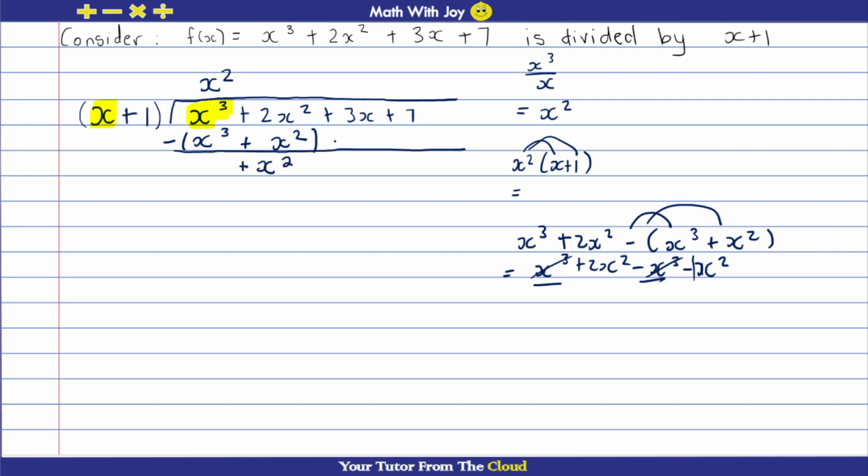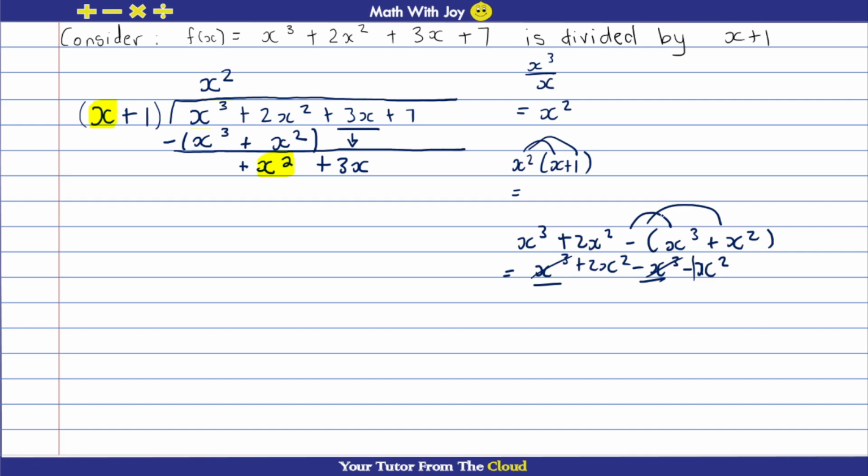Now, just like long division for numbers, we need to bring down the other term, which is the 3x. So we bring down the 3x and it's positive 3x over here. Then we repeat the process just like we did at the top. We divide with the first term. We take this term again and divide it with this term.